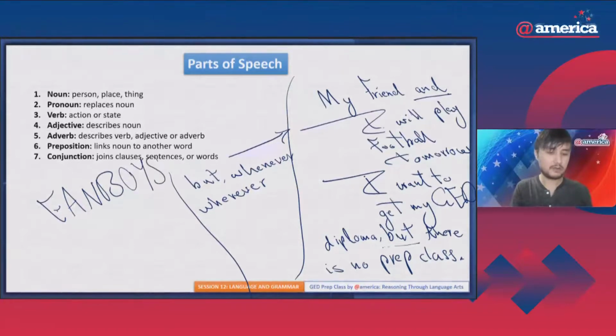So each of the letters stands for a conjunction.